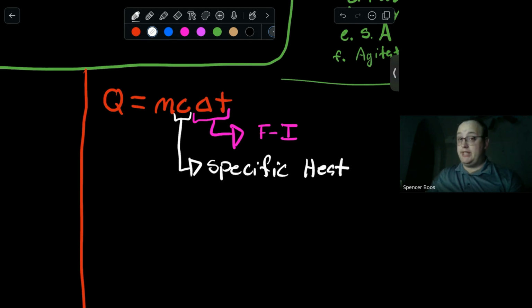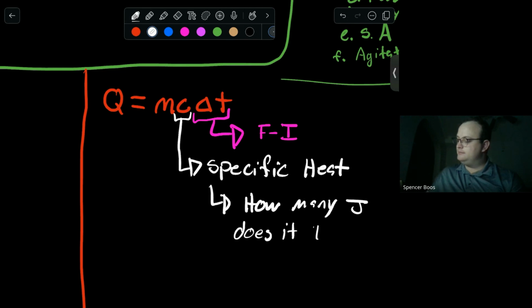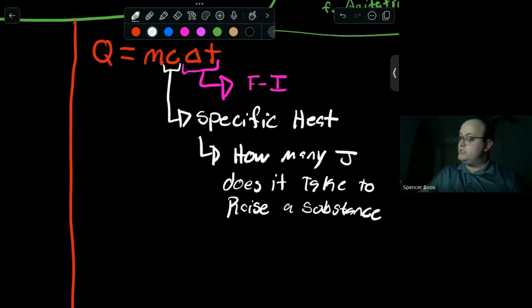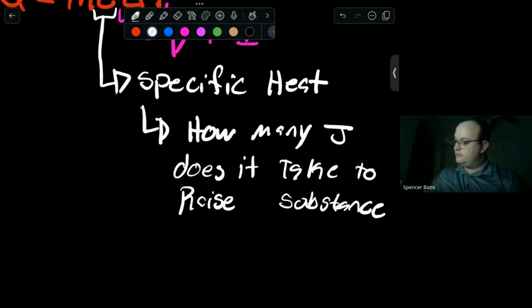For your specific heat, this is how many joules it takes to raise a substance, to raise, I should say, 1 gram of a substance 1 degree Celsius.